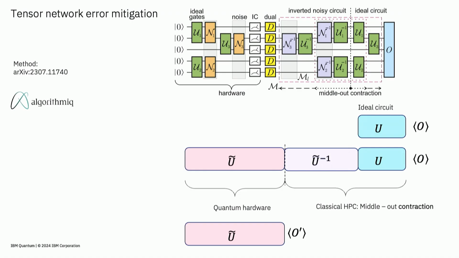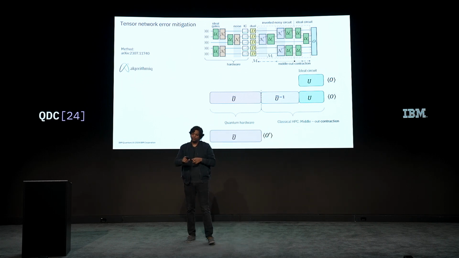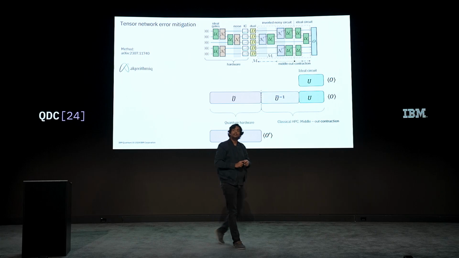And that's going to be equivalent to executing the ideal circuit U and measuring O. So how does one access O prime from O? Well, for that latter bit, you can essentially execute that using tensor networks. You can execute that on classical HPC, right?